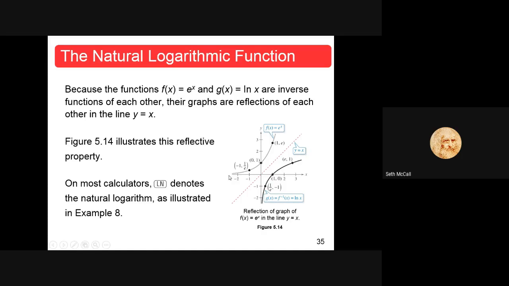And you can see this is the graph of e to the x, with 2.71828, to the -2, -1, 0, and to the first power, and then this graph right here is the natural log of x, which are just these ordered pairs reversed.